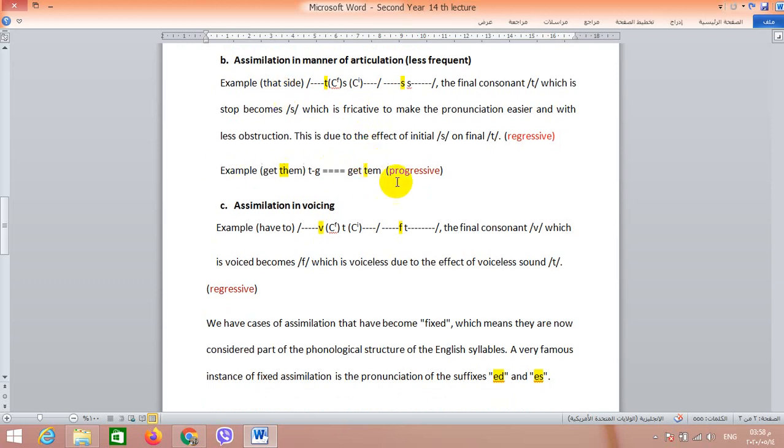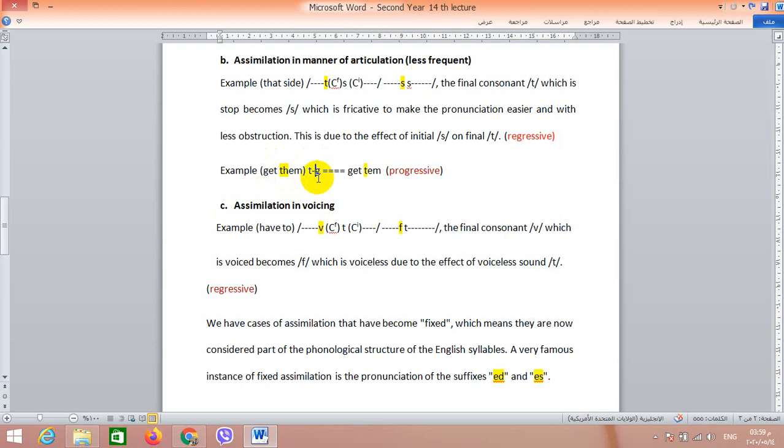Now we have this example, which is not very frequent in English, and it is an example of progressive assimilation, when the effect is in a progressive, forward direction. Now, "get them," the t of get and the th of them. Here we should have the th sound originally.